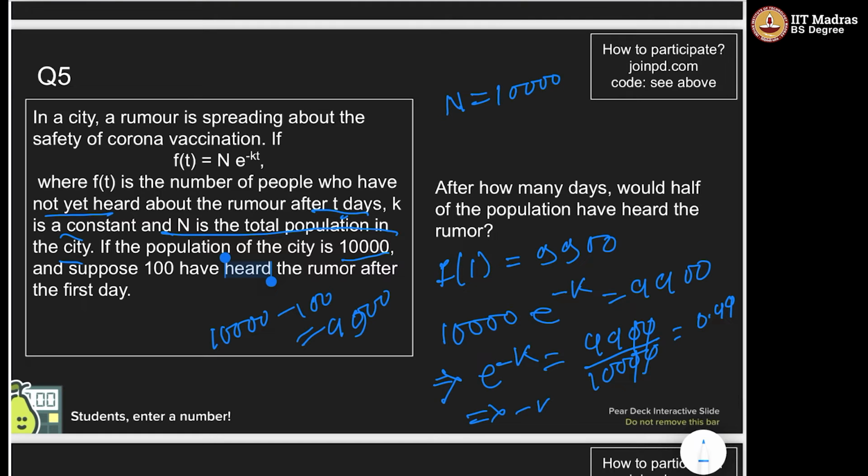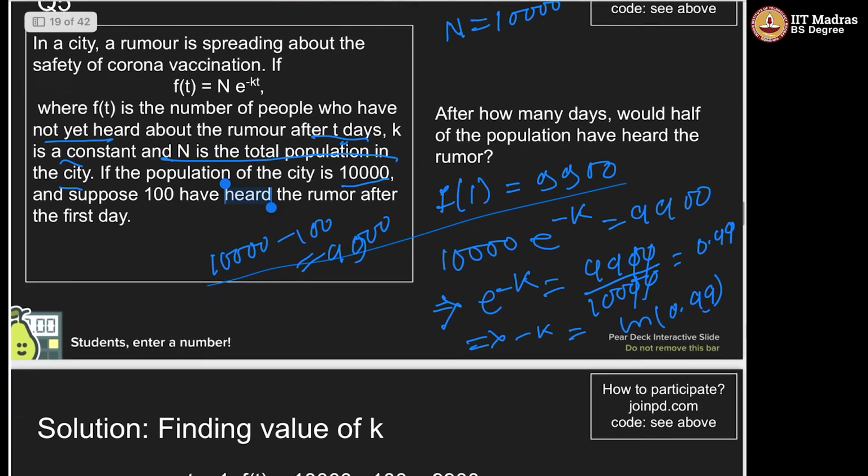So what will be the value of minus k? This equals ln 0.99, so k will be basically minus ln 0.99. So we have the value of N, we have the value of k, so we got our equation.